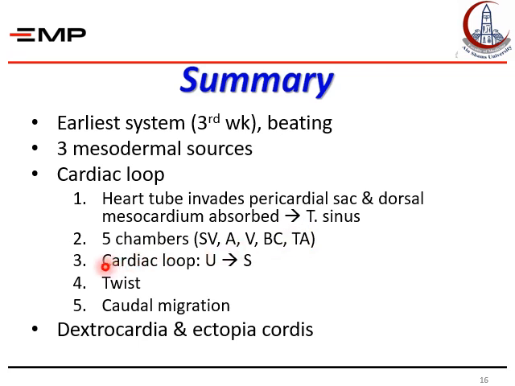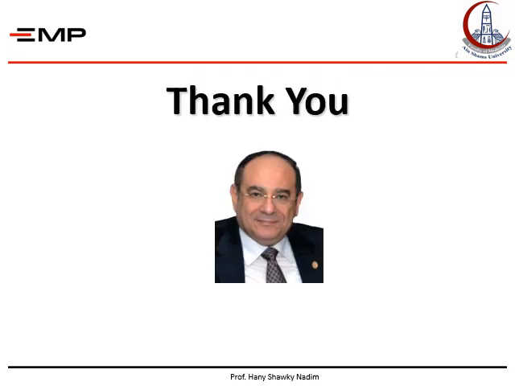And then it becomes long, making a U-shaped loop followed by an S-shaped loop, and then it twists so that the bulbus cordis comes to the right side of the common ventricle, and then it migrates caudally to the thorax. And then we explained the 2 cardiac anomalies, that is to say, dextrocardia and ectopia cordis.